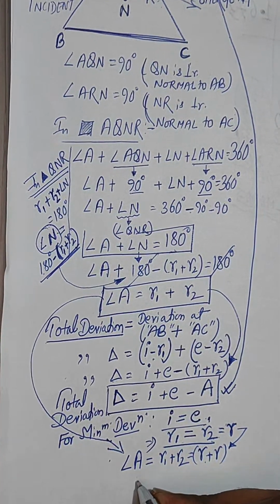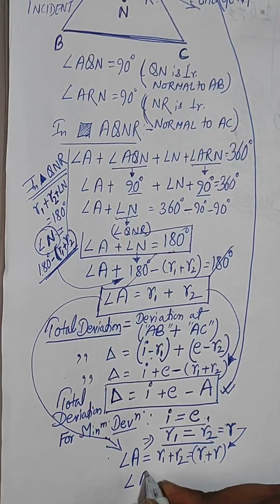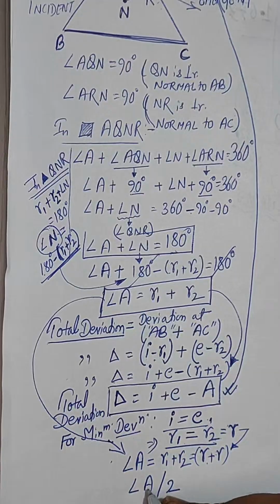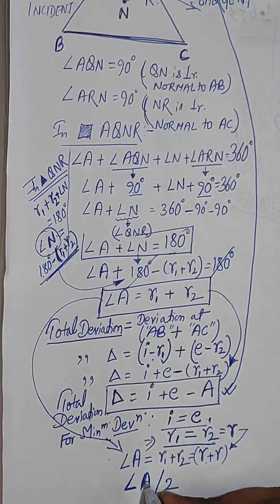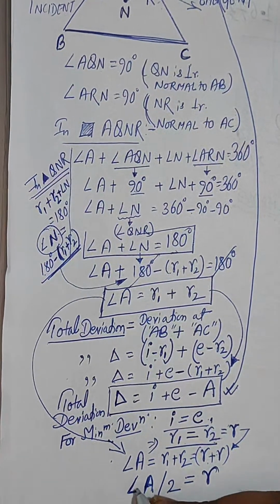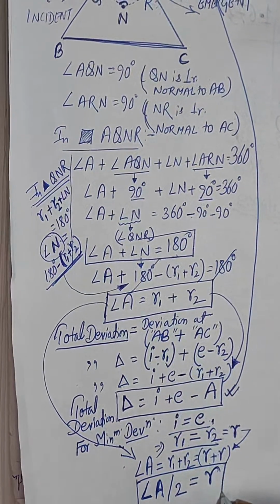So we can say that angle A equal to 2R, so we can write that angle A divided by 2 is equal to R.